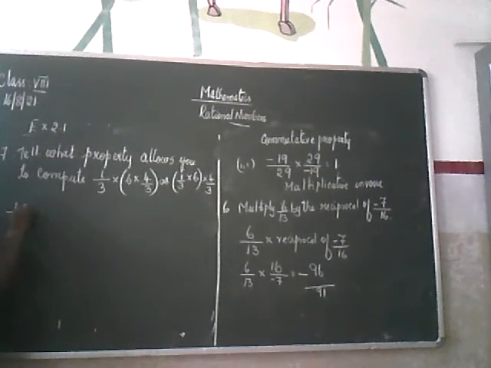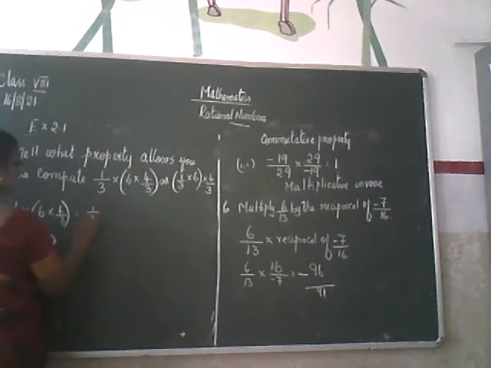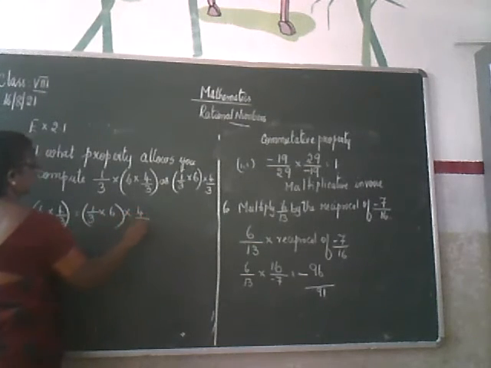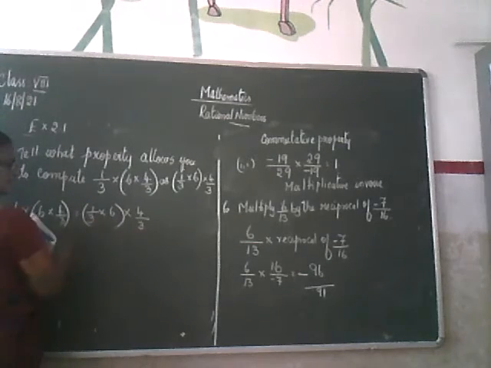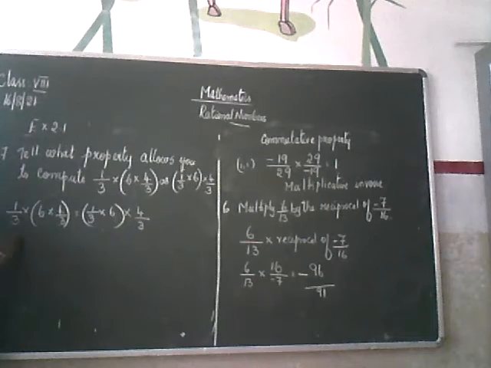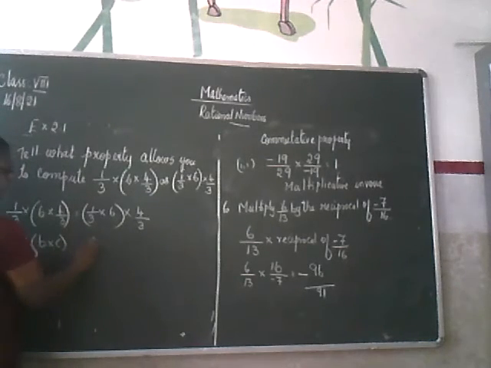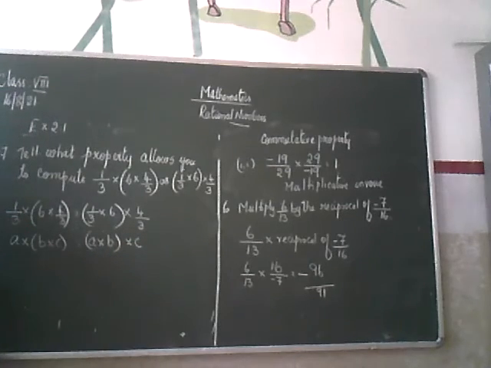It is nothing but 1 by 3 into 6 into 4 by 3 is equal to 1 by 3 into 6 into 4 by 3. See, all the numbers are same. Yes, 1 by 3, 1 by 3, 6, 4 by 3. So that is nothing but multiplication. A into B into C is equal to A into B into C. So when 3 occurs, what is it?